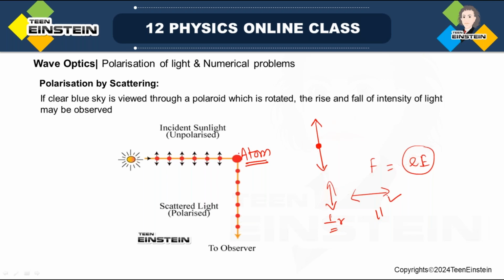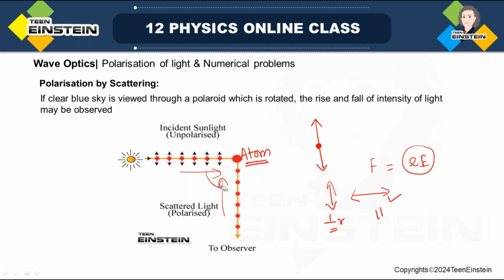When sunlight is incident on an atom, light will be scattered, that is for sure. But when we see that scattered light from a direction perpendicular to the direction of the sunlight, this is the incident direction and this is the direction I am viewing from, so this angle is 90 degrees, then we see this scattered light is completely polarized.